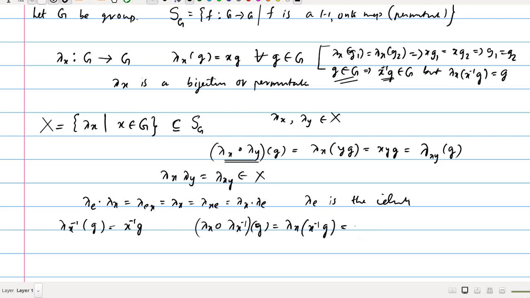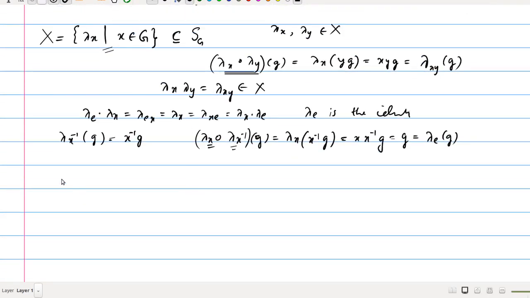So that is equal to x x⁻¹ g, which is equal to g itself, that is λ_e of g, which shows that λ_x and λ_(x⁻¹) are inverses. Therefore every λ_x belonging to this X has an inverse.